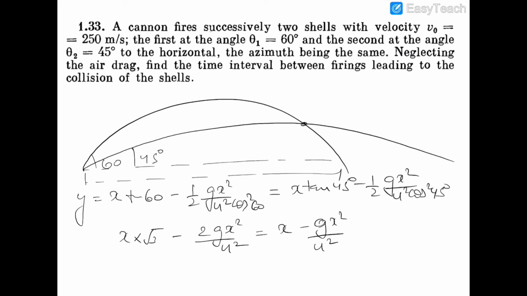Okay, so you can see that x root 3 minus 1 is equal to gx square by u square, cancelling x with x. So this x is equal to root 3 minus 1 u square by g. x is equal to root 3 minus 1 u square by g.